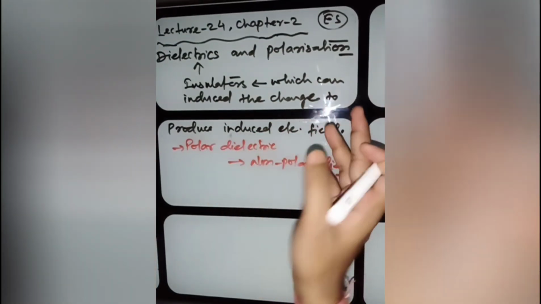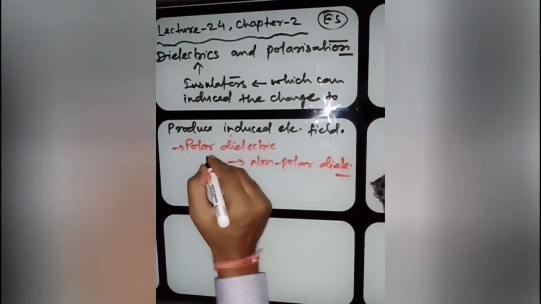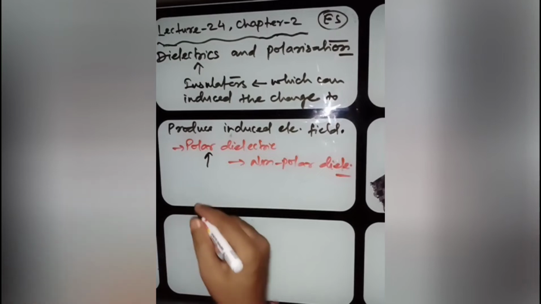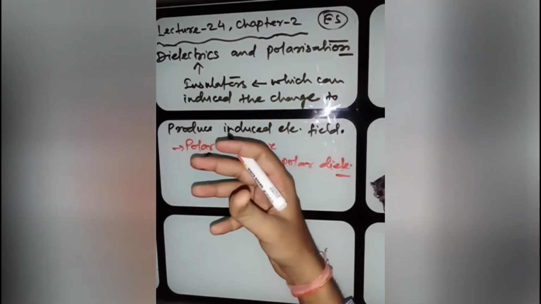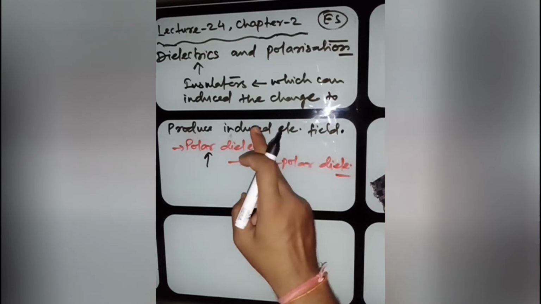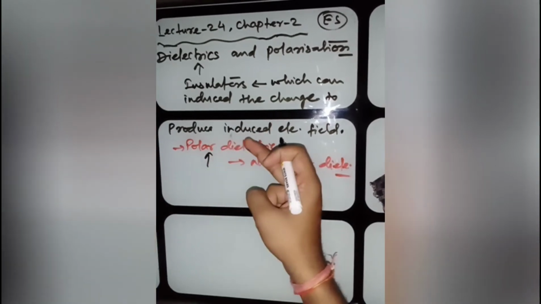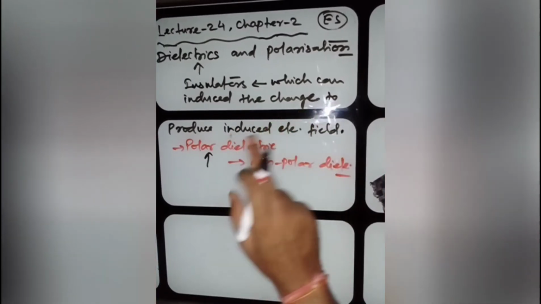Polar dielectrics are those whose center of mass of positive and negative charge do not coincide.